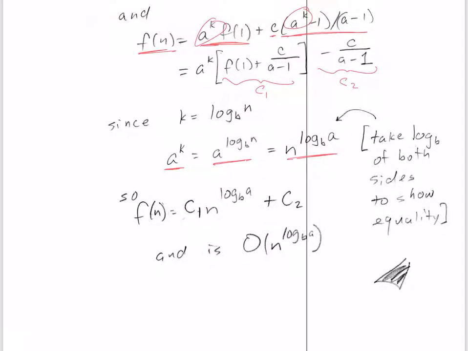To see that's true, I'll have you do this: you can take the log base b of both sides of that and show that they're equal. But making that substitution gives me f(n) is C1 n to the log base b of a plus C2, which gives us that f(n) has a big O of n to the log base b of a, and the proof is complete.